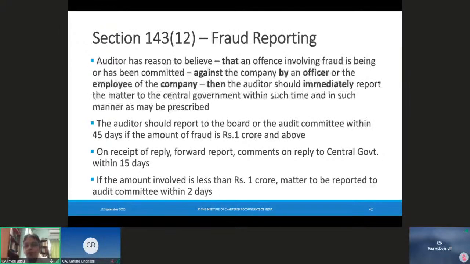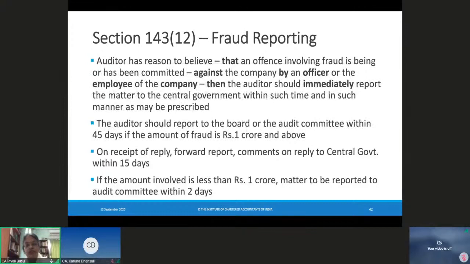So what is the threshold, and what is the manner in which it has to be reported by the auditor? If the amount involved is 1 crore and above, it has to be reported to the audit committee, or to the board in case there is no audit committee, within 2 days of identification of such fraud.